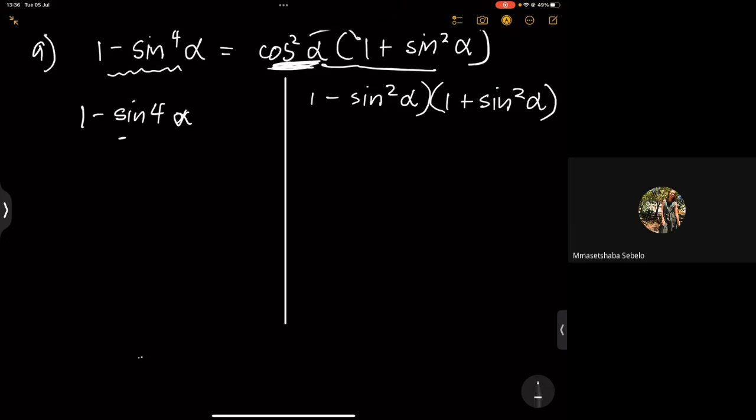I will have 1 minus sine to the power 4 of alpha, because sine squared times sine squared will be sine to the power 4. So therefore, what do I note? Left-hand side is definitely equal to right-hand side. Are we all together? Yes, sir.